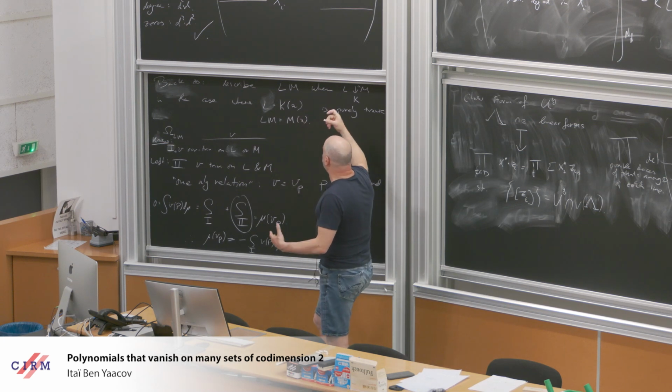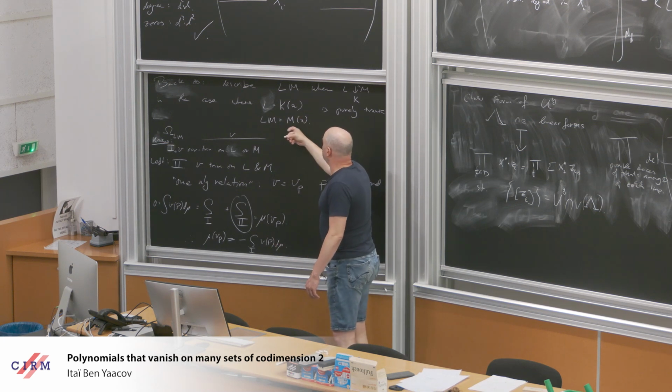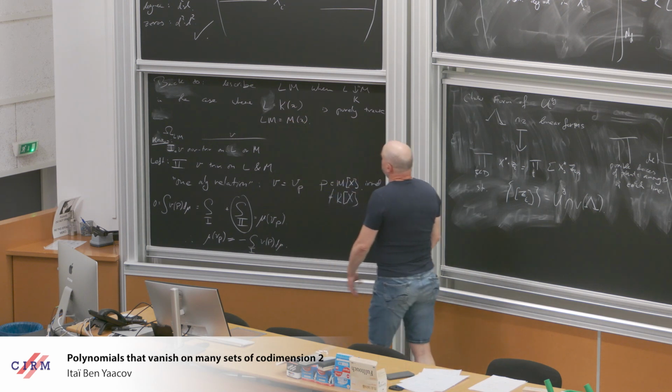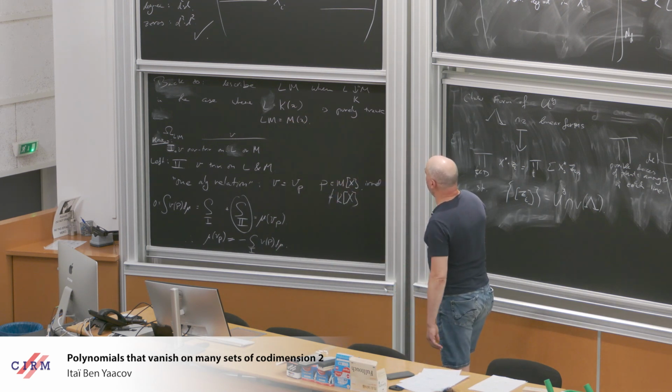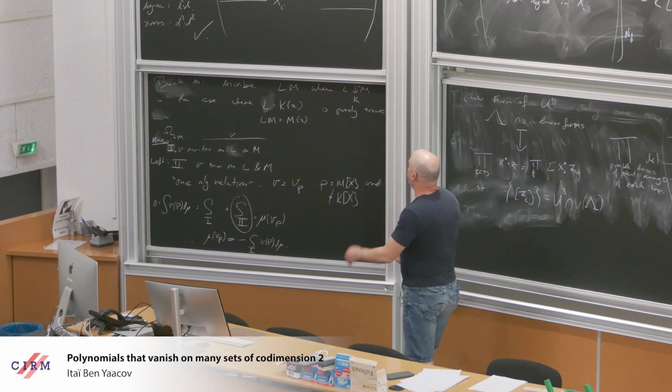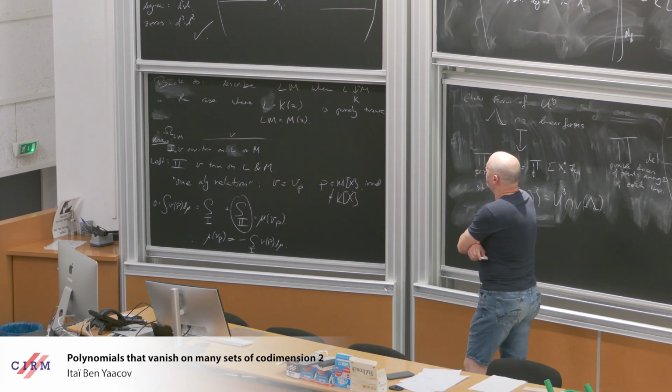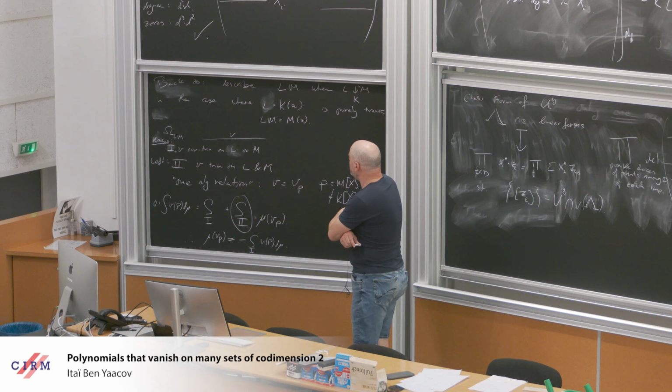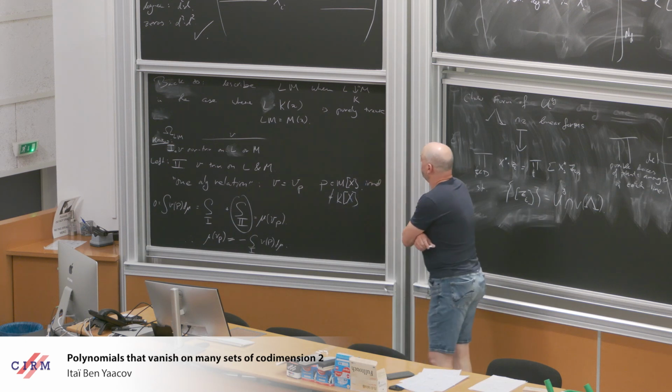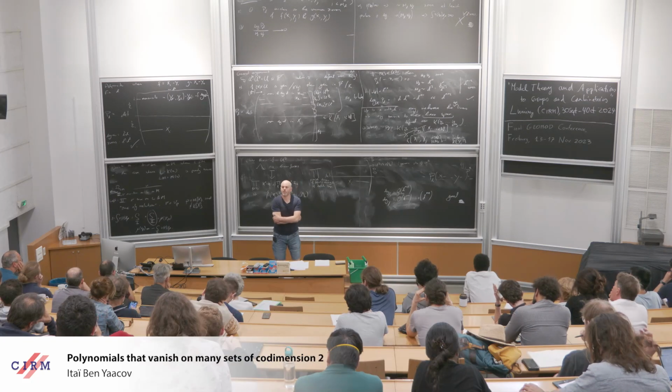So again, that doesn't prove stability because this is not the general case that we need to treat, but it gives some idea of, it's an easy hands-on example of how this only one relation can be used to give such a description. Thank you.